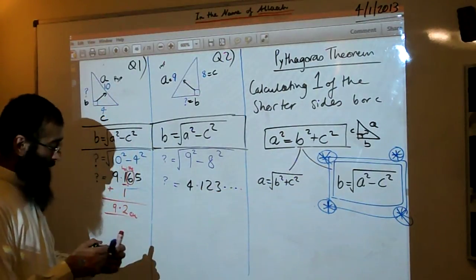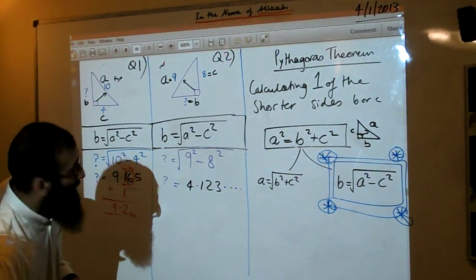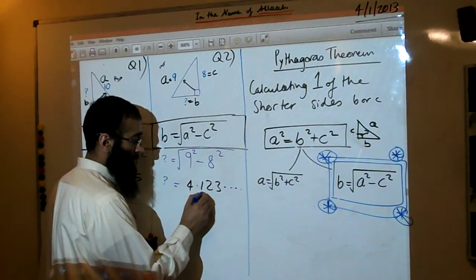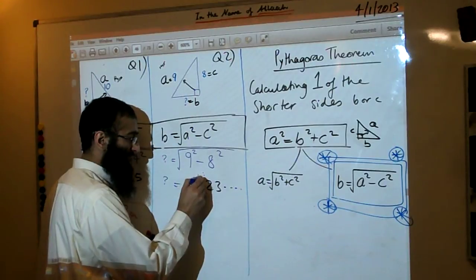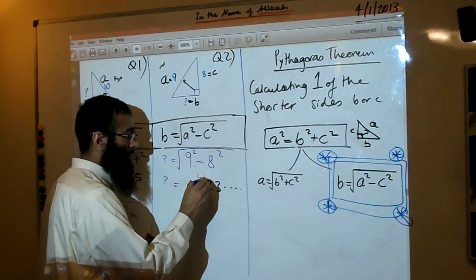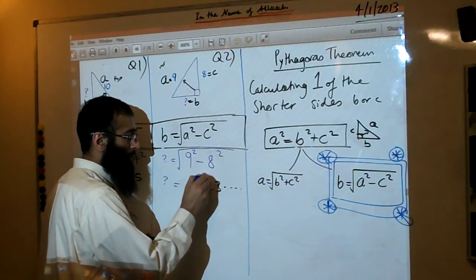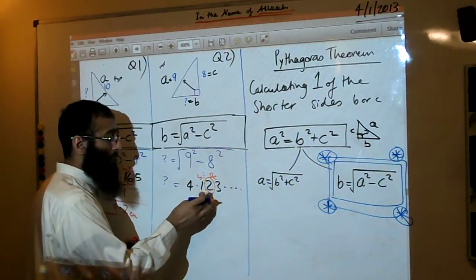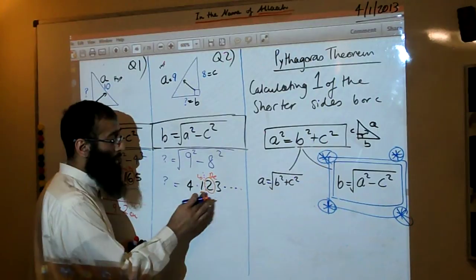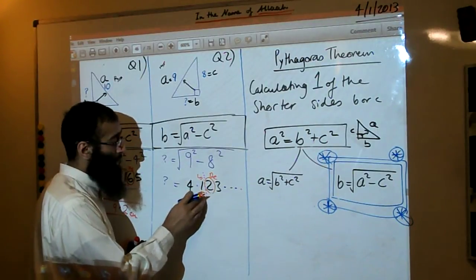Okay, now again we have to round this number to one decimal place. Here's the first decimal place. Call this the last digit. We're going to stop there. The next one we're going to call the decider digit. That decides whether we round up or leave it alone. If it's less than 5, we leave it alone. So this is less than 5, so you're going to leave that alone.